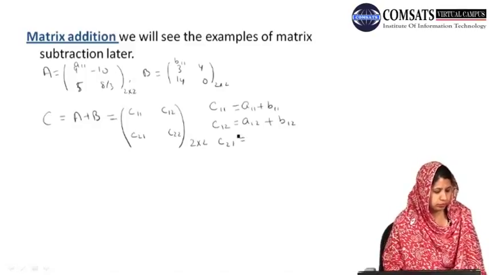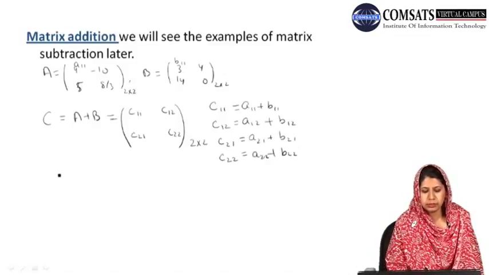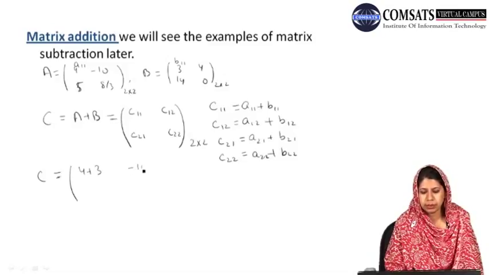C21 is nothing but adding the respective entries, the 2-1 entries of the matrices A and B, and C22 will be adding the entry A22 to the entry B22. So this matrix C will be: C11 is A11 plus B11, which is 4 plus 3; -10 plus 4; 5 plus 14 and 8 by 3 plus 0.